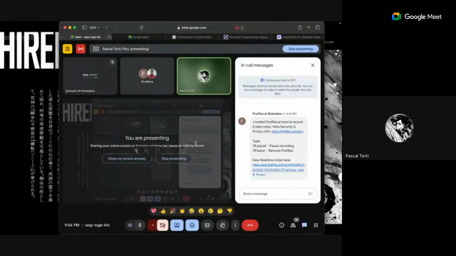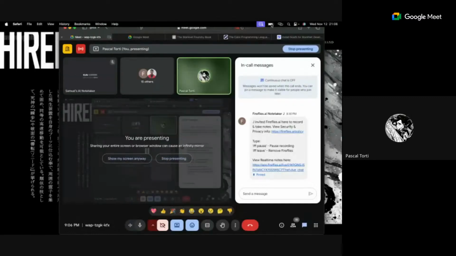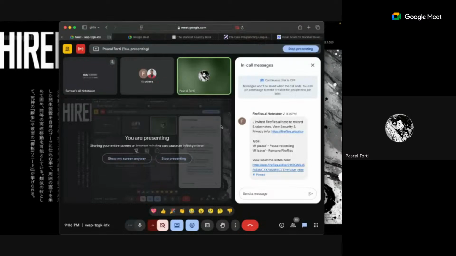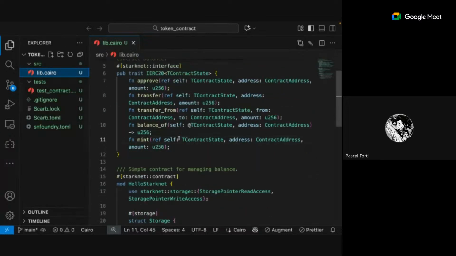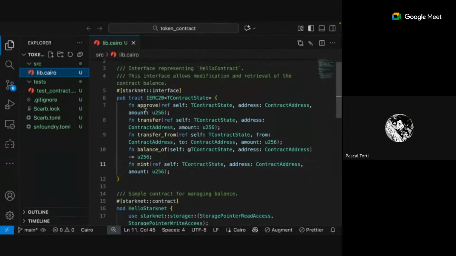So yes, back to our VS Code. I'm very sure you can hear me now. We had a few things there. These are the functions here. You have the approve function, transfer.